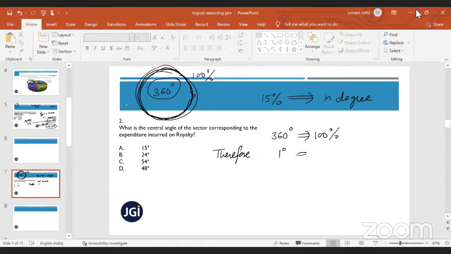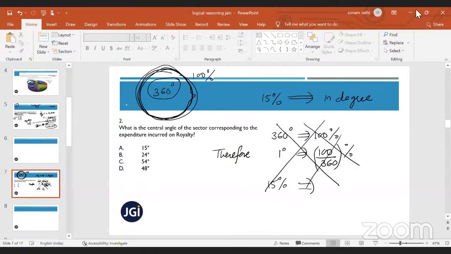Therefore, 1 degree will be 100 by 360%. 360 degrees is equal to 100%. And therefore, 15% will be how much? Or a better way is to write it in reverse.